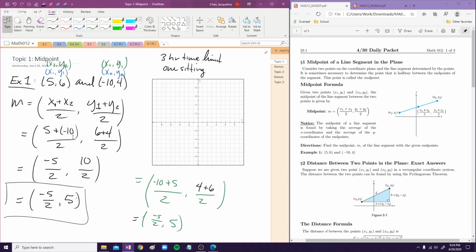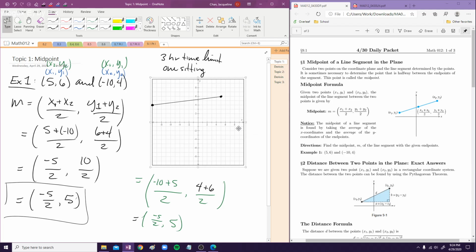All right. One thing I want to do, which is not required in our example, but I just want to talk about it. Let's graph these points. I have 5, 6, so it's right here, and I have negative 10, 4, right? And then let's draw the line.